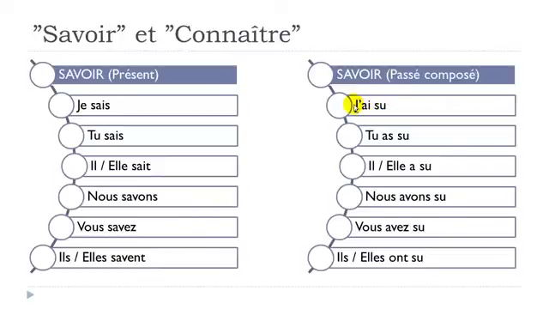You put first, in most cases, the verb avoir at the present form, and then the participe passé form. The participe passé form for savoir is su, and it doesn't change, so you put it right after each form. J'ai su, tu as su, il a su, elle a su, nous avons su, with a little liaison here, vous avez su, same thing here, ils ont su, little liaison between the two, elles ont su.